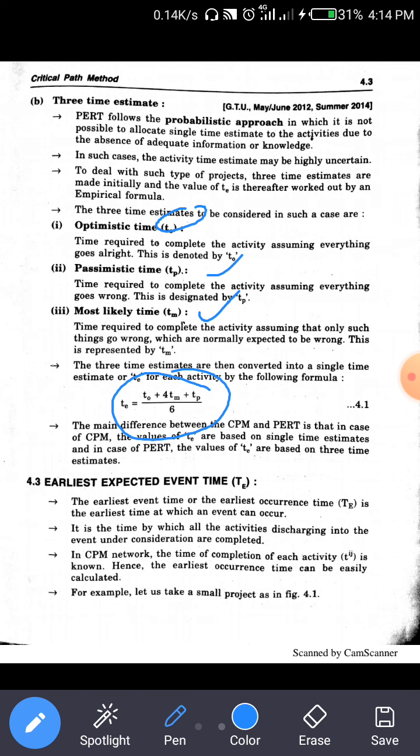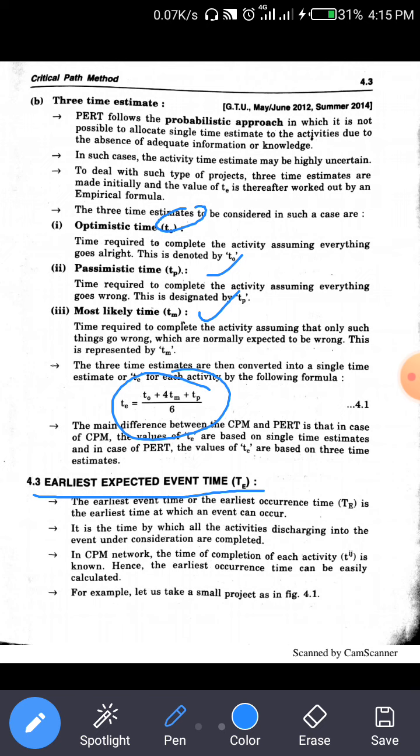Now the next important point is the earliest expected event time, TE. The earliest event time, or earliest occurrence time, TE, is the earliest time at which an event can occur.